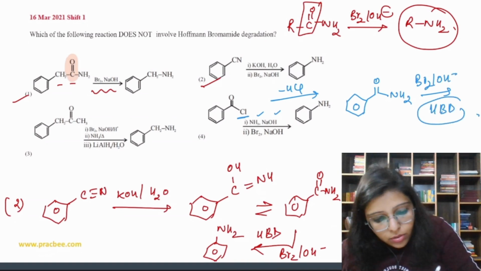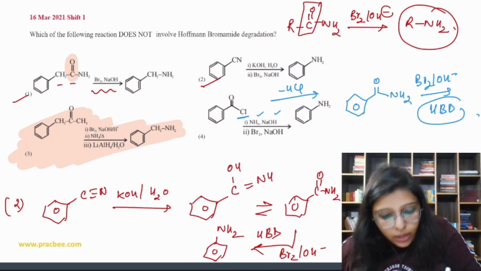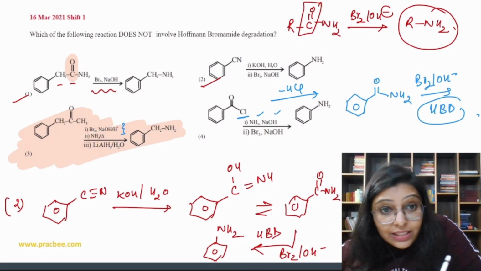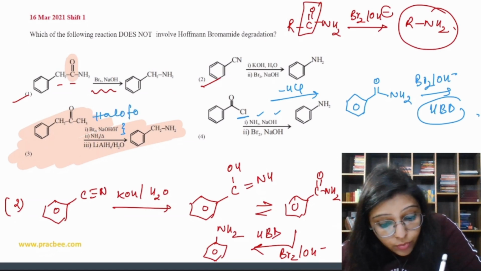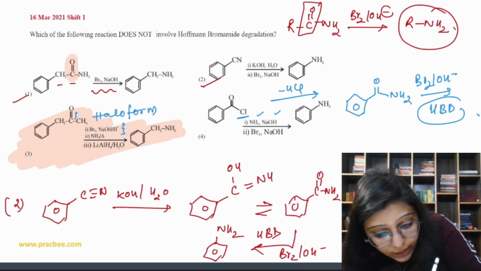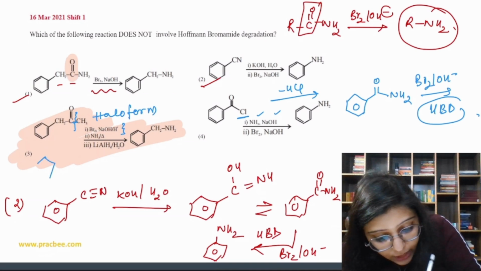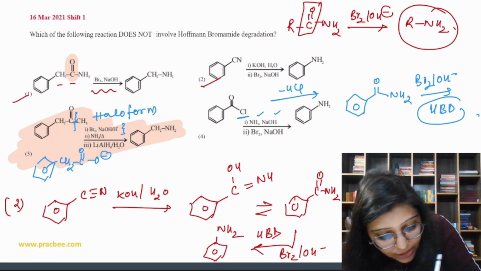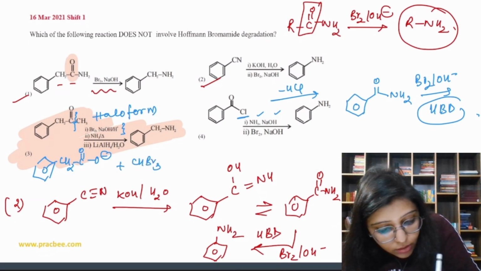So the last option is this. Here we have Br2 and OH-, but this is the haloform reaction, because here we have methyl ketones. So from the first step, we get CH2 C double bond O minus plus CHBr3.